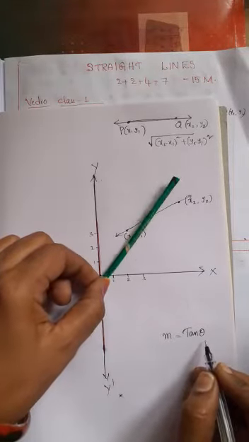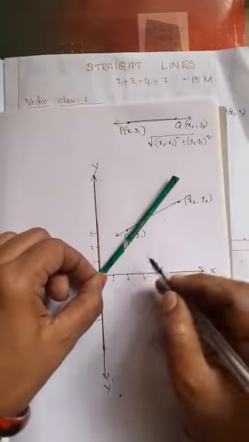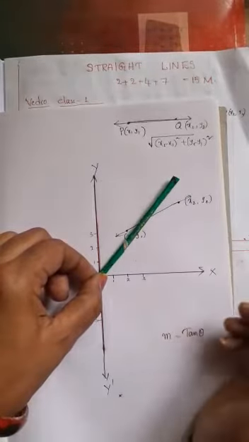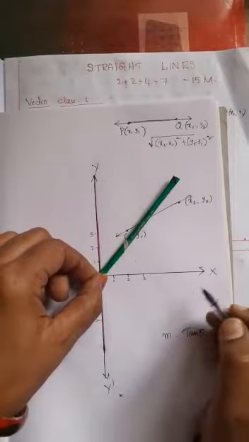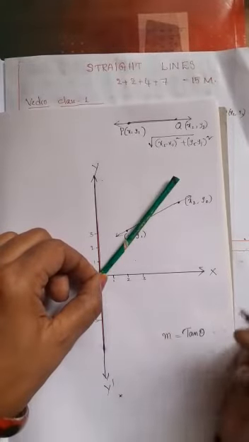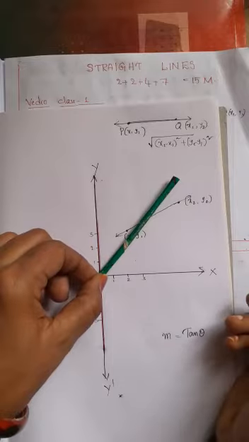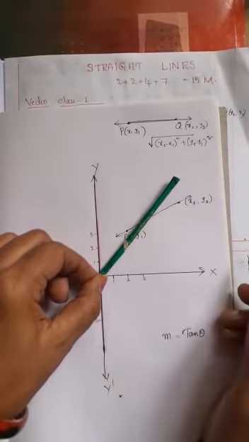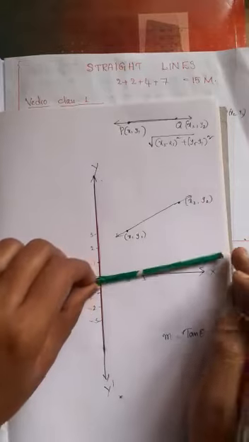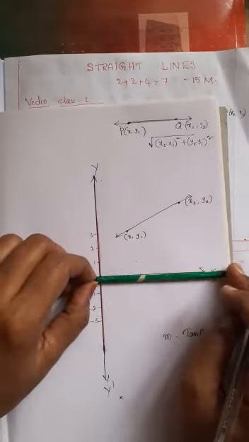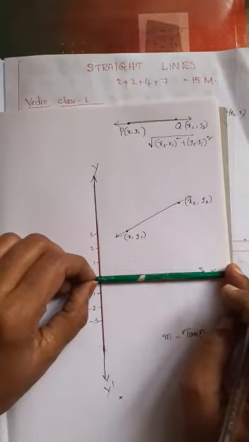Suppose it is 45 degrees with respect to the positive x axis, then what is the slope of this line? Tan 45 degrees, right. What is the tan 45 value? 1. The slope of this line is 1. Suppose we consider a horizontal line. It makes an angle of 0 with the positive x axis.